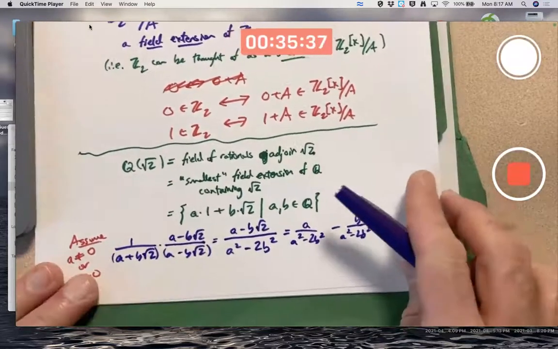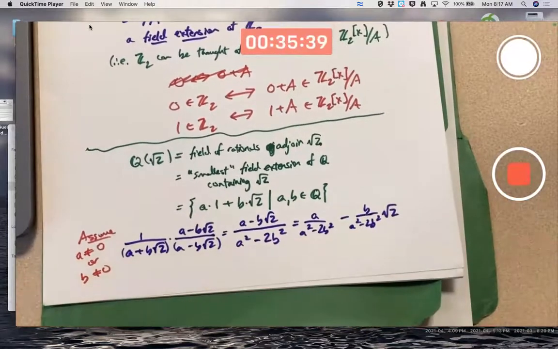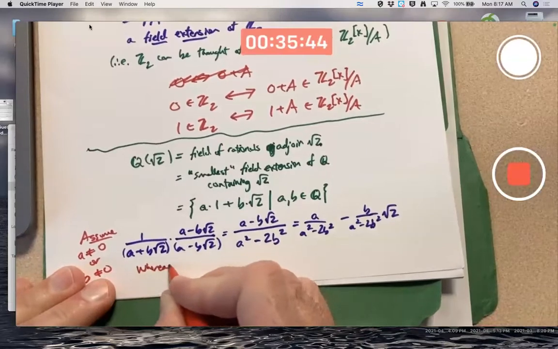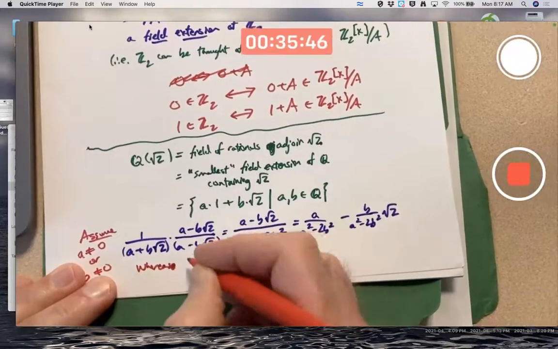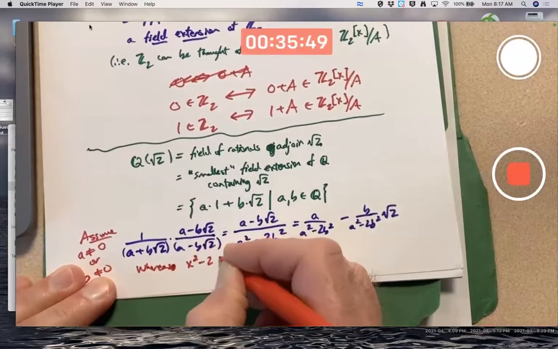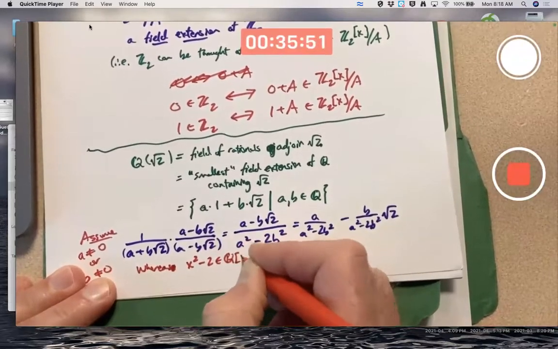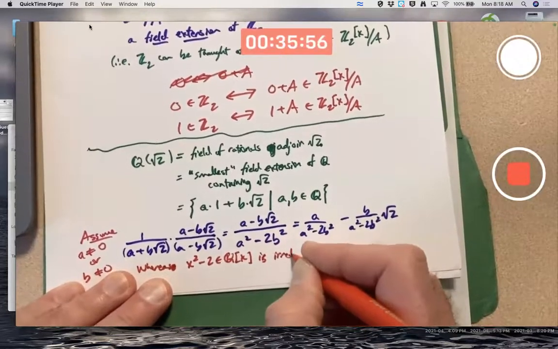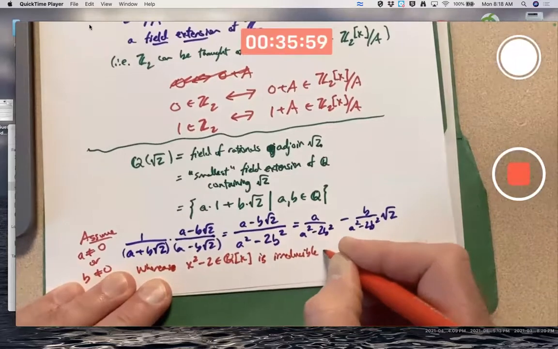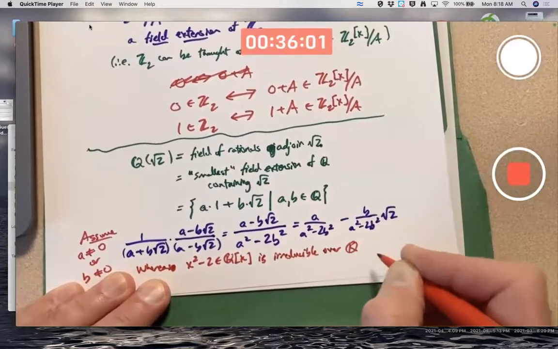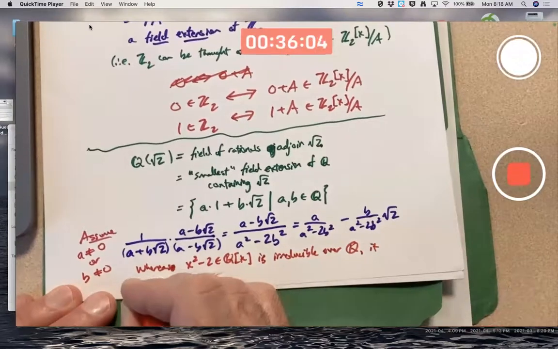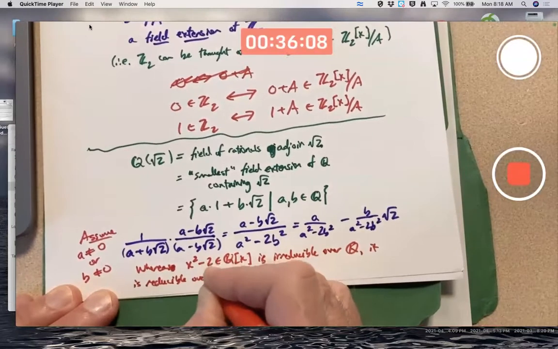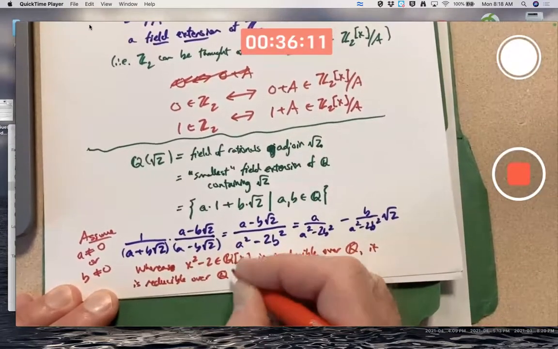Whereas x squared minus 2 in Q[x] is irreducible over Q, it is reducible over this new field Q adjoin root 2.